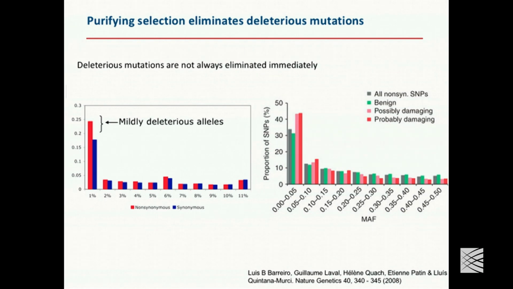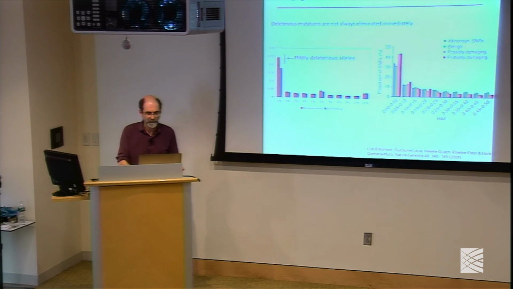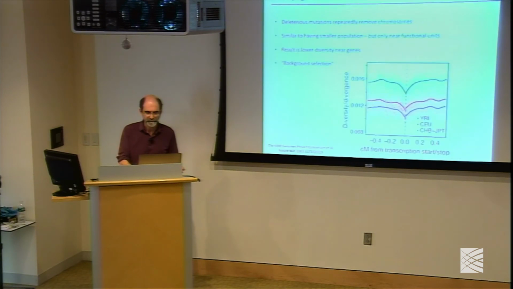But ones that are probably damaging, probably change protein structure, are likely to be deleterious. And so these two columns here are the ones where you have an excess of those. So these are in the population. They're contributing to disease burden, and they're some of the things that you look for in GWAS. So they tend to be at lower frequency.